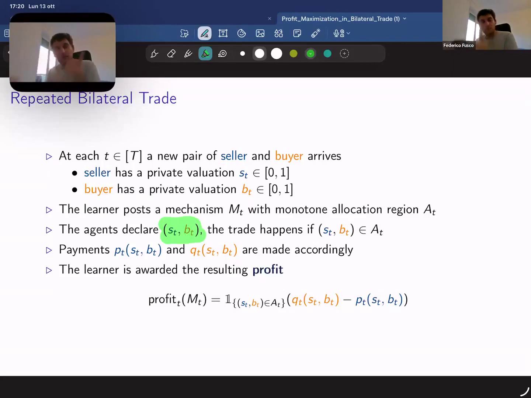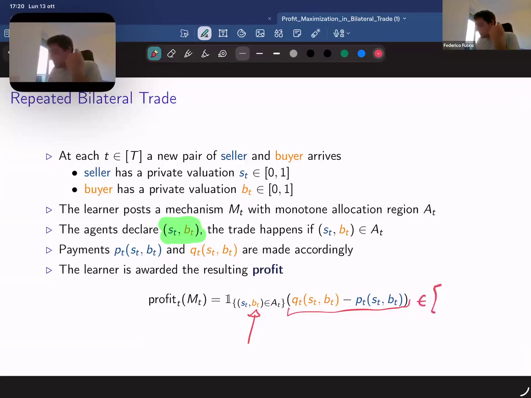At each time step, you propose a mechanism and you observe the pair S_t, B_t. And in particular, you can compute your profit, which is computed according to this formula. You get a trade if and only if the pair is in the allocation region, and what you get is the difference between the price paid by the buyer and the price paid to the seller. And note this quantity here can belong to [-1, 1]. Okay, so it can also be negative.